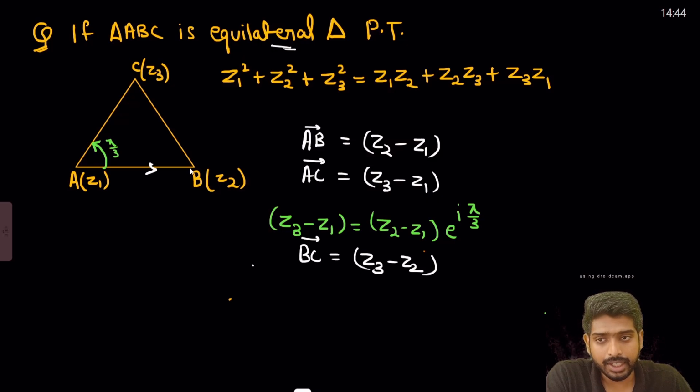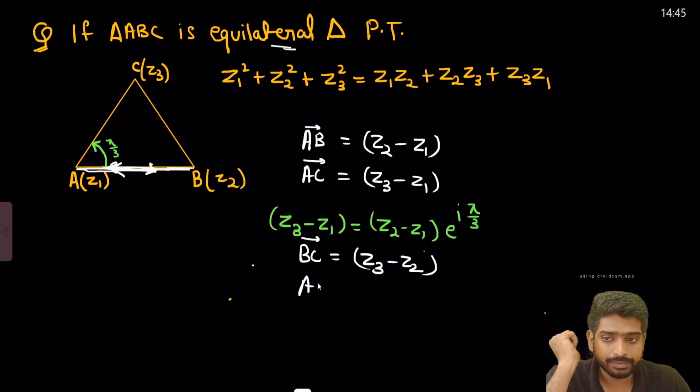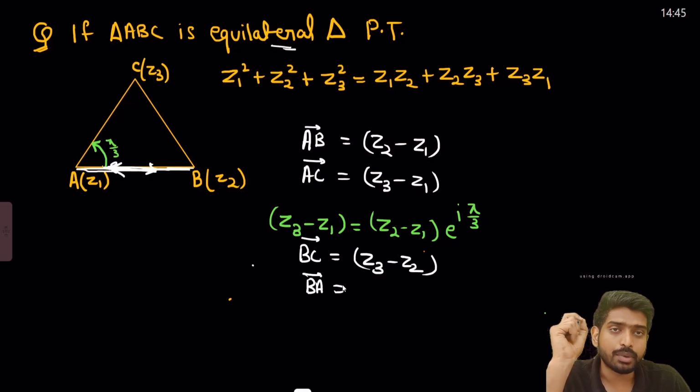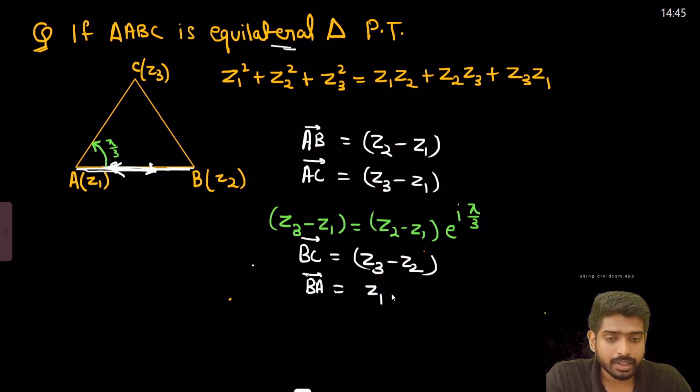And one more vector I'll take is BA vector. BA vector will be position vector of A, which is Z1, minus position vector of B, which is Z2.